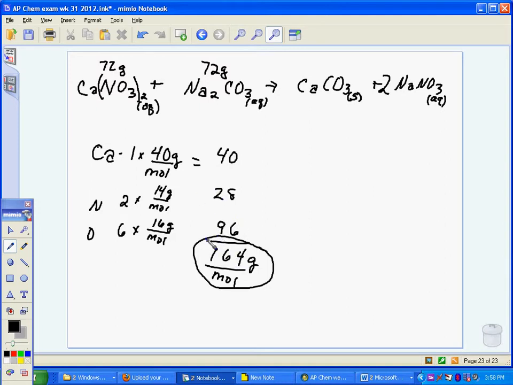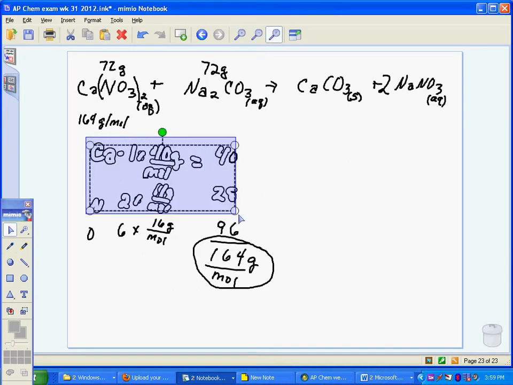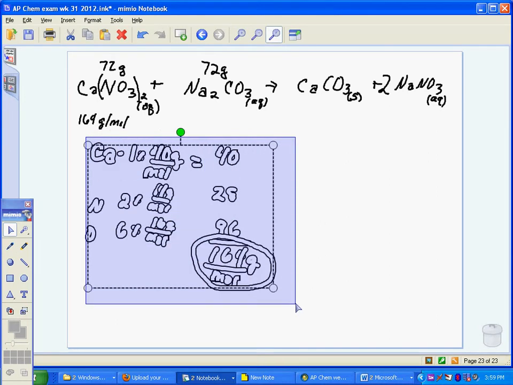So you're going to need to do that for each one of these. Now I've shown you one example, so I'm just going to give you the numbers. Right underneath here, I know that this is 164 grams per mole. I'm going to get rid of this just so I have some more room.